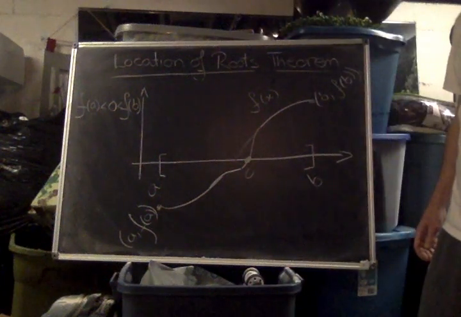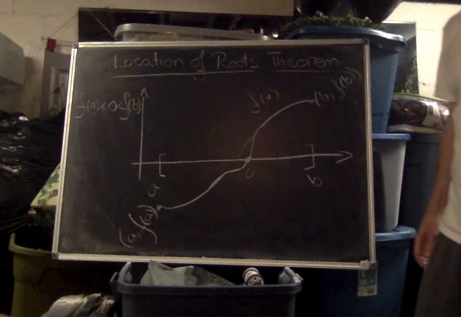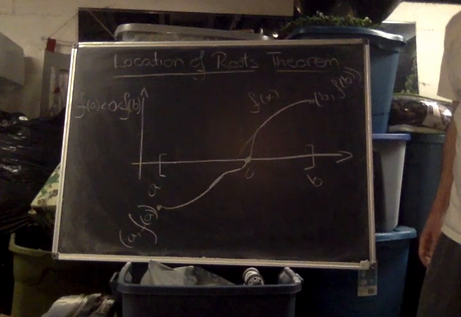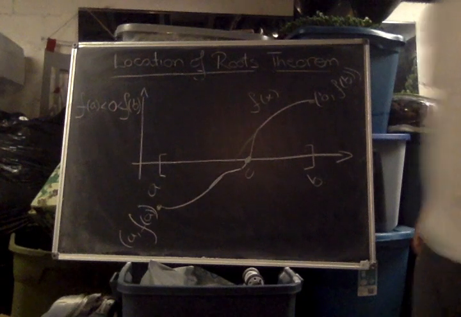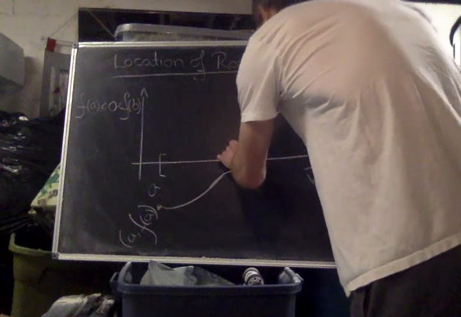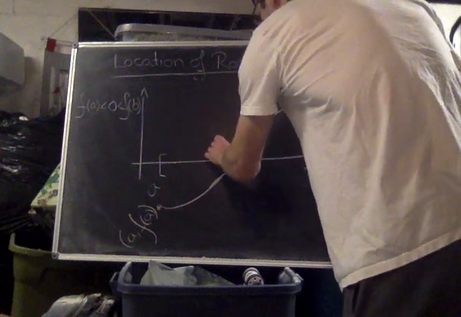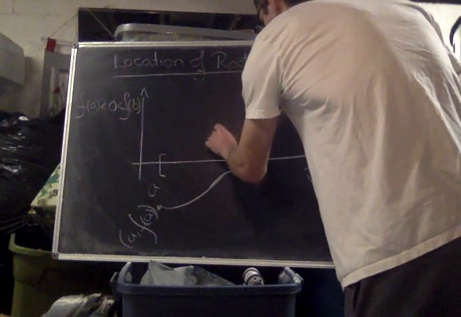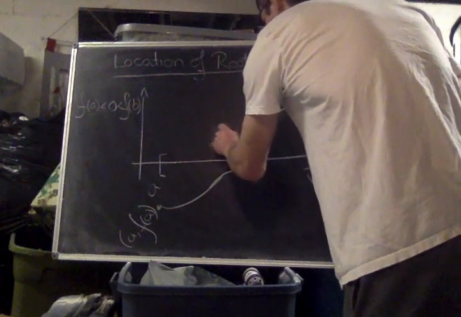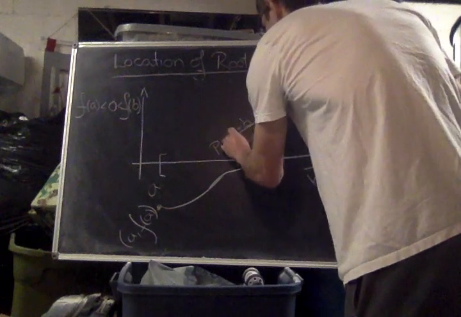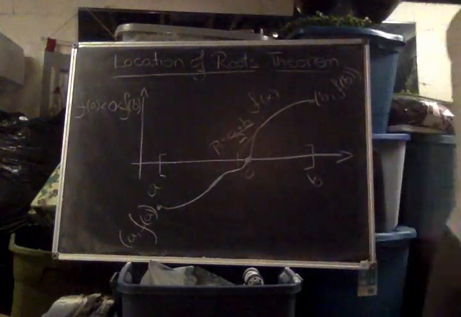Because that is the point at which the value of the function is equal to 0. That's what we want to show exists. So what we're going to do is at the first stage, we're going to look at the point P, I'm going to call it P1, and that's going to be the midpoint, a plus b over 2.